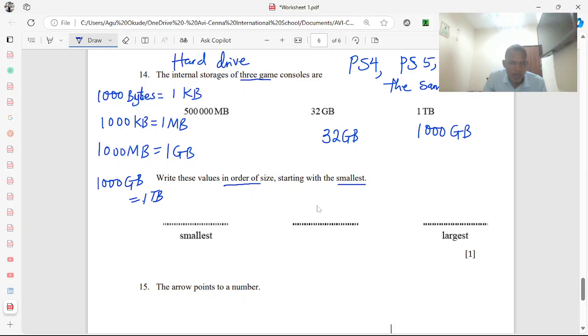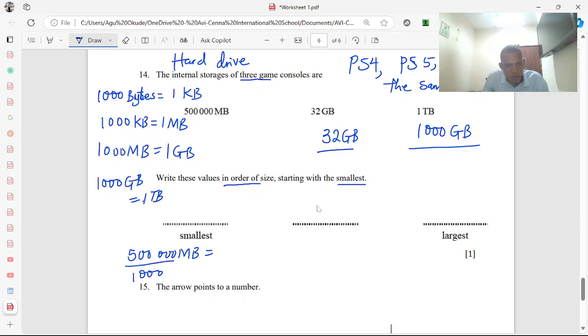Then what I have there, the first one is 500 thousand what? Megabyte, right? Now, for us to convert this into gigabytes, don't forget that I'm converting everything into gigabytes, please. Take note, so that they can all be in the same unit. That's the only way I can compare them. Now, to convert this MB into gigabyte, because 1,000 MB makes 1 gigabyte, I would divide this by 1,000.